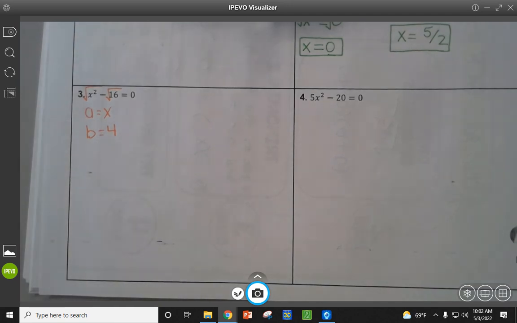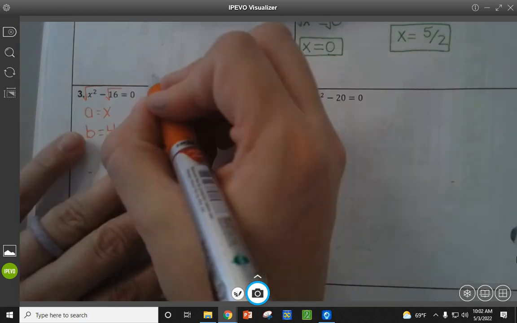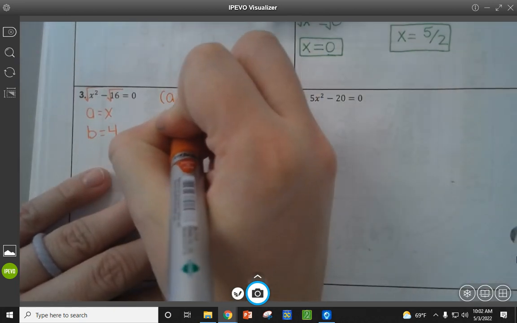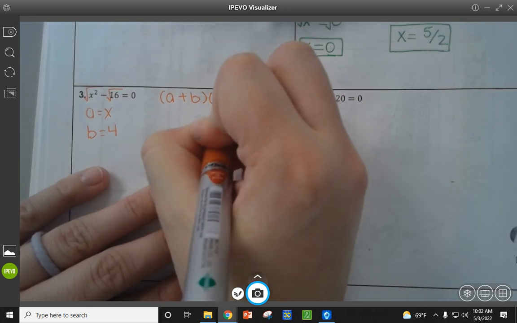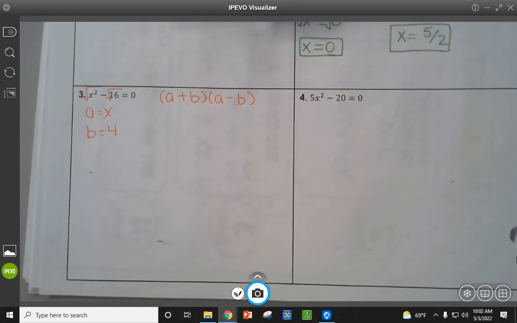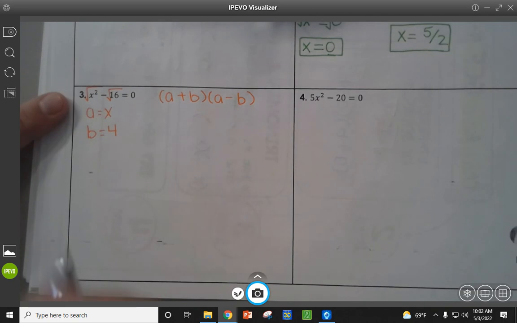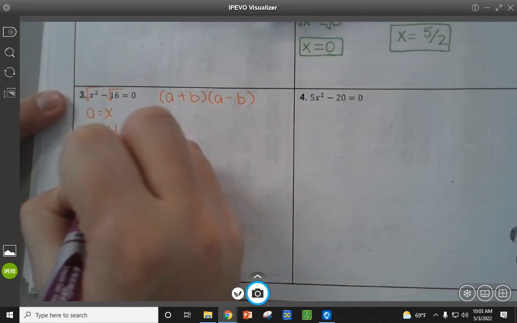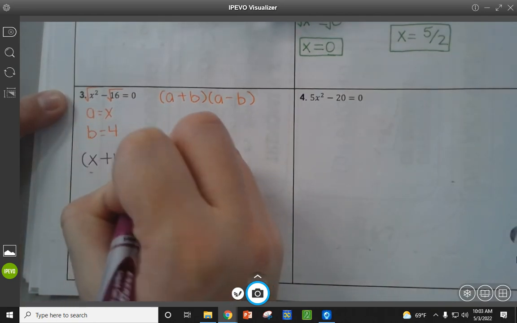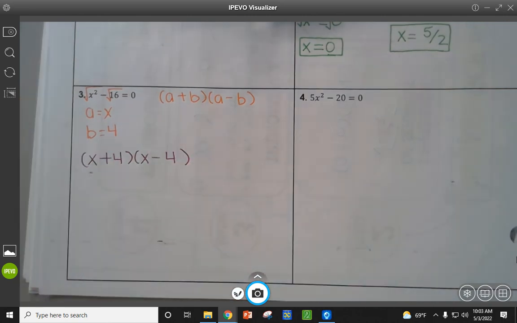What is the formula for the difference of squares? A plus B, A minus B. So this factors into x plus 4, x minus 4.